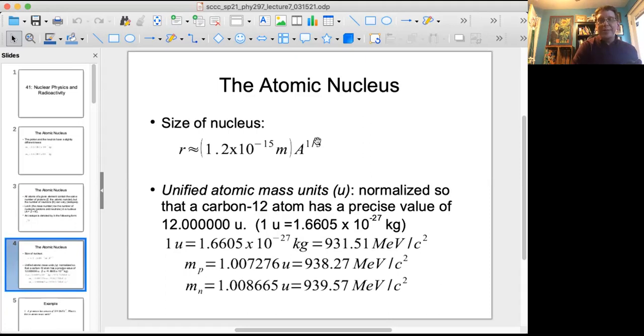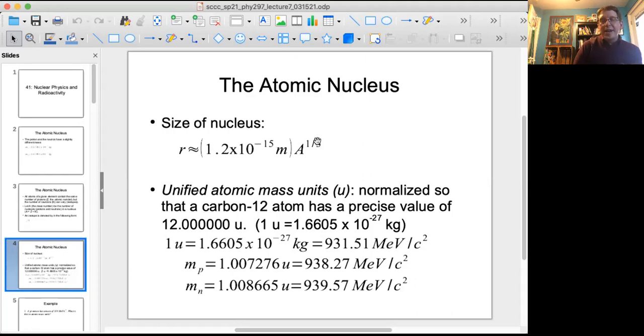So a helium nucleus will be slightly bigger than that, and you work your way forward. A deuterium nucleus will be slightly bigger than that. A tritium nucleus will be slightly bigger than that. A typical helium nucleus has a value of 4 for A, and so you can see how it goes up from there.